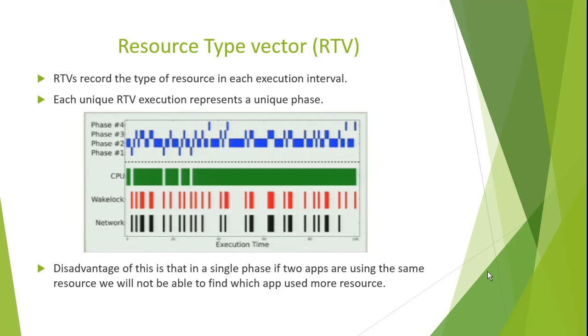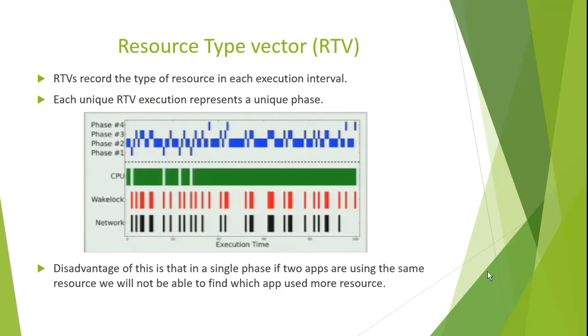So each unique resource type vector represents a unique phase. In such a way we are able to categorize different phases and how they are accessing resources.